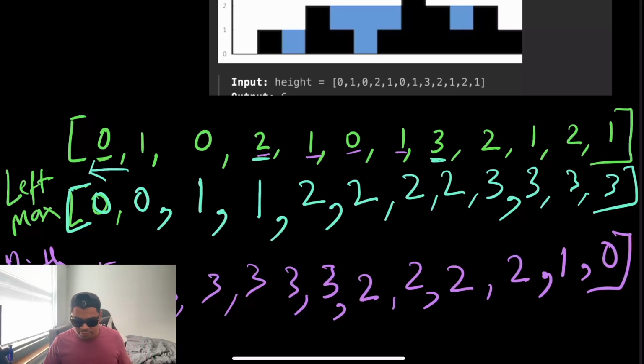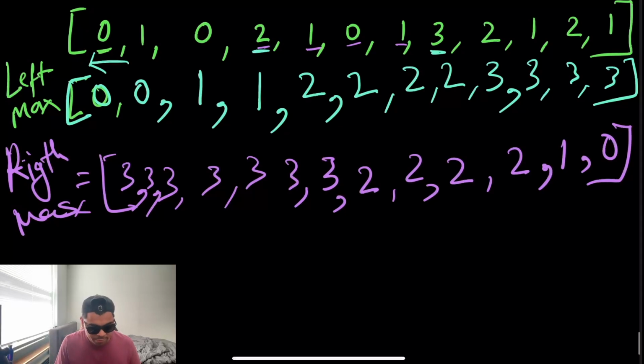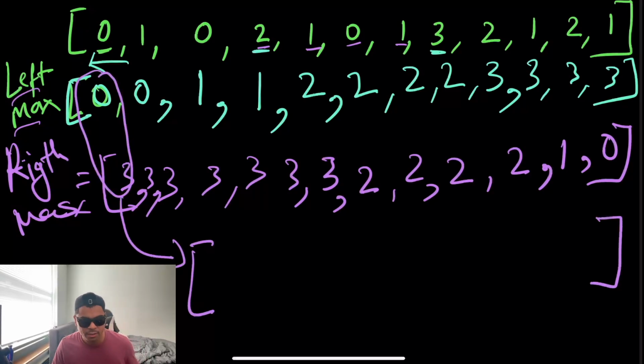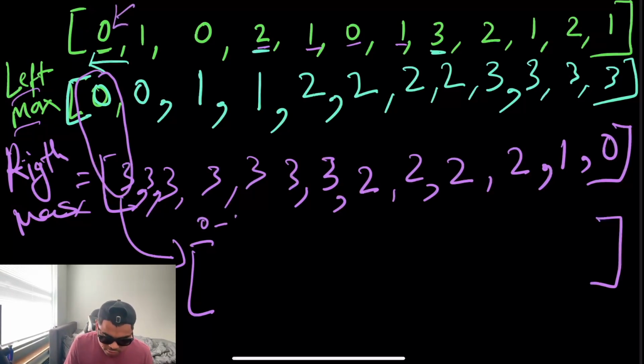After we have these left max and right max, we can take these values to decide what's the minimum. If I'm calculating the final water array that I will sum up and return, I will calculate the minimum of these 2. The minimum of these 2 is 0, minus the height of the current bar, 0.